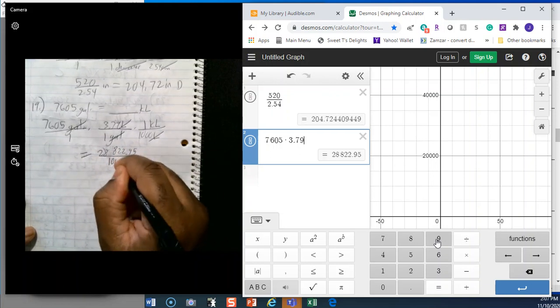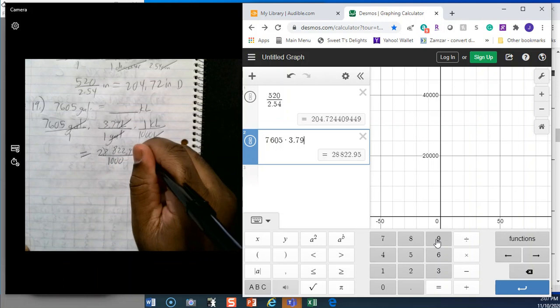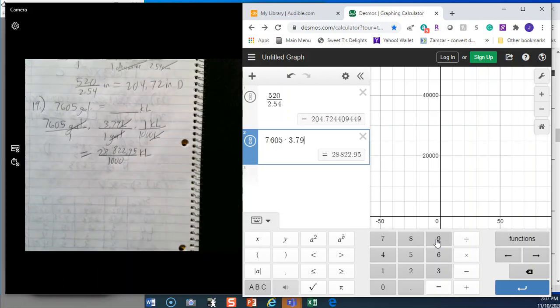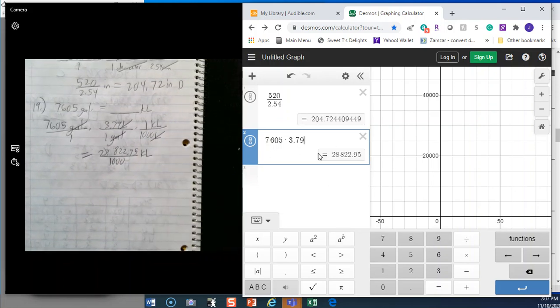It'll be all divided by 1,000, and this will be kiloliters. Now when we divide this by 1,000, well, let me take this down to the next value here.